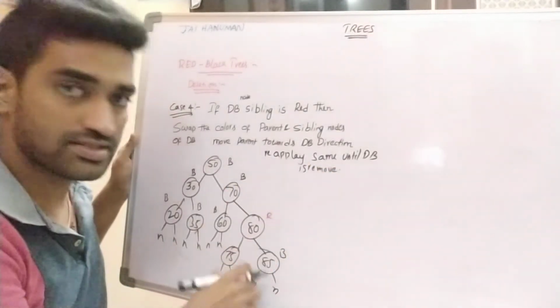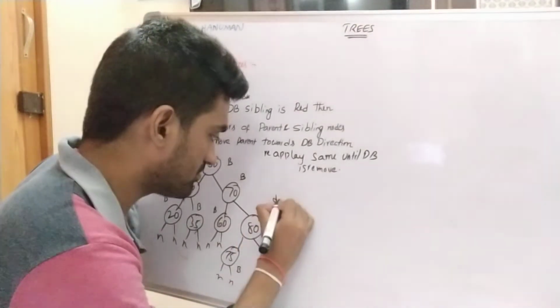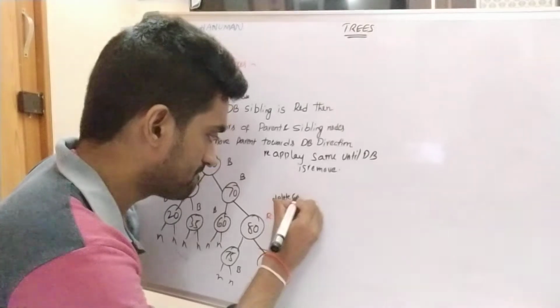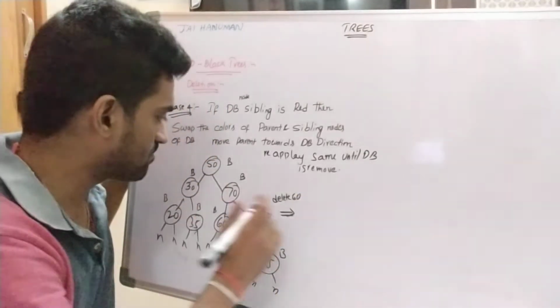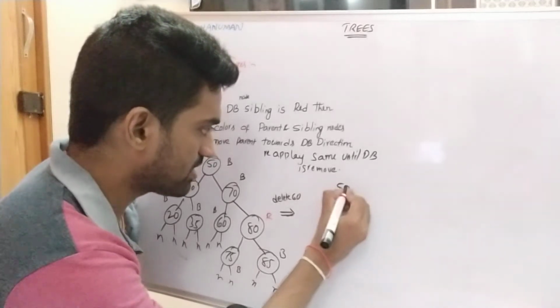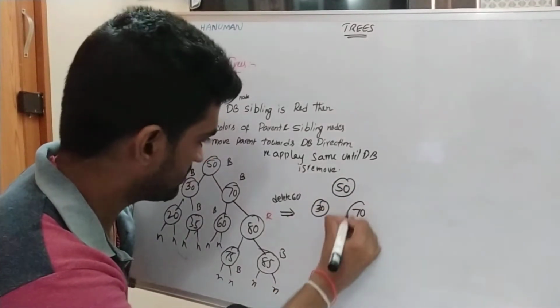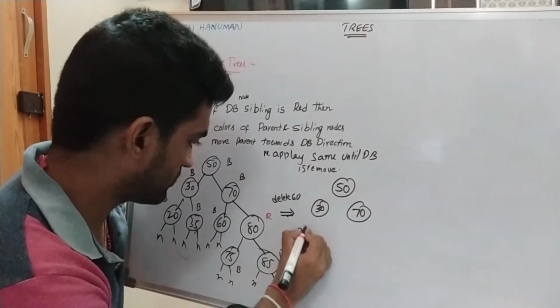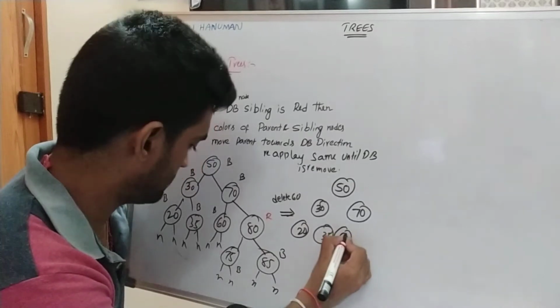So here this is our tree. In this I want to delete 60. After deleting 60, this node becomes double block node. So now the tree becomes like this: 50, 30, 70, 20, 35, 60.